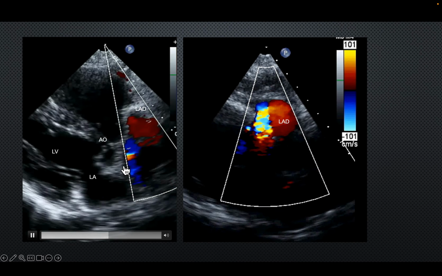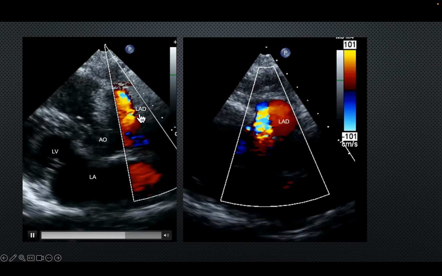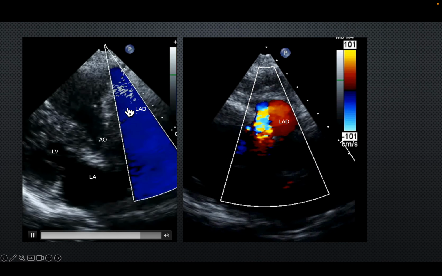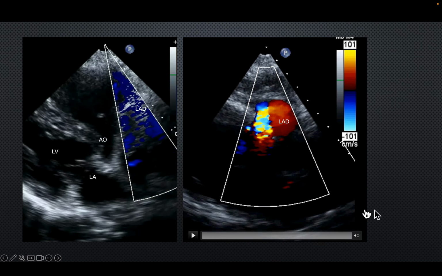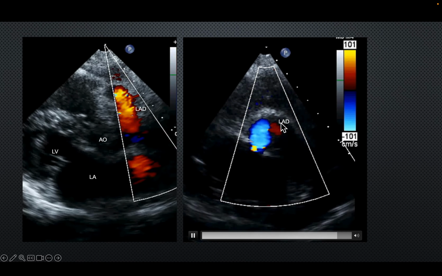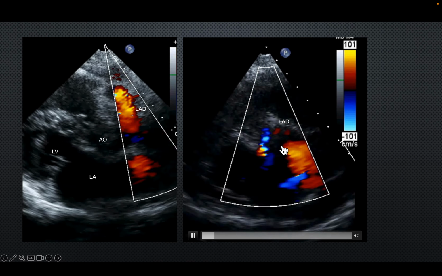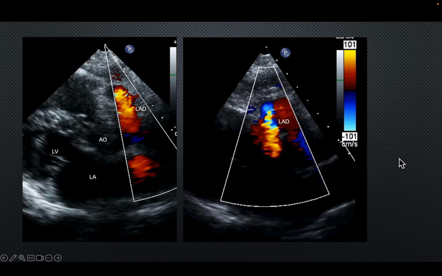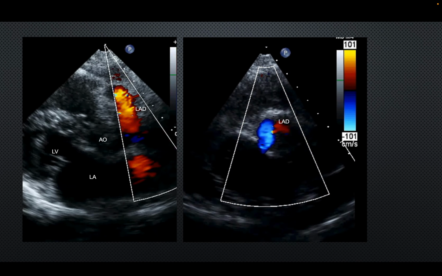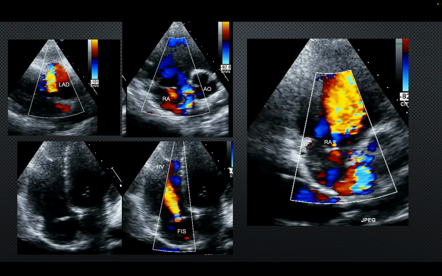All right, now you see this is the left coronary artery which is coming from this side and going down. So it was the left coronary artery which was coming and looping around the right coronary artery, looking as if the right coronary artery is dilated.